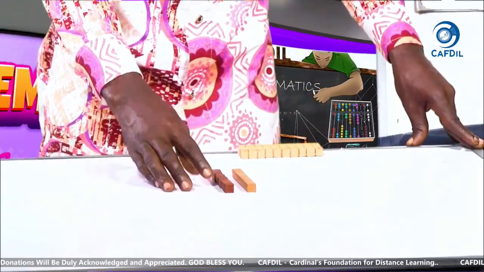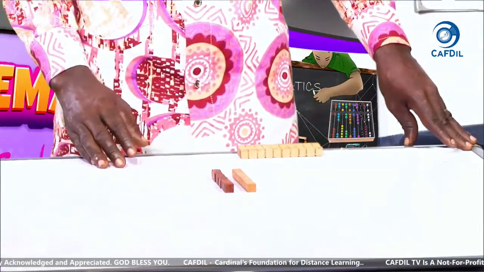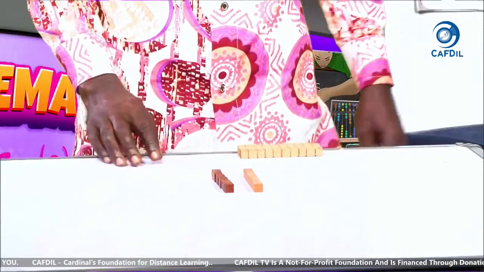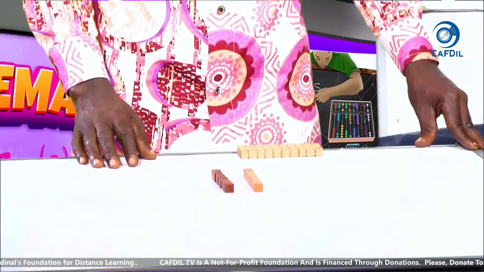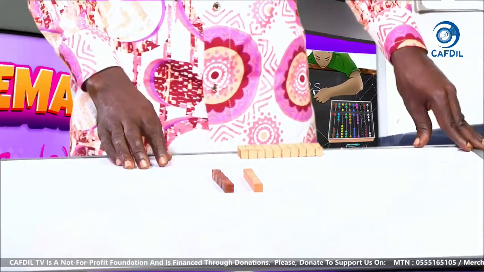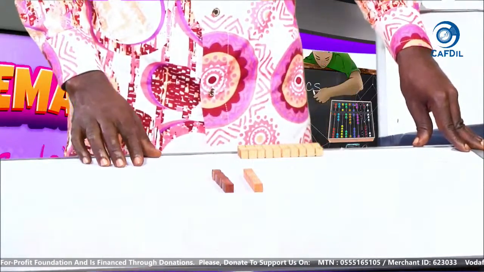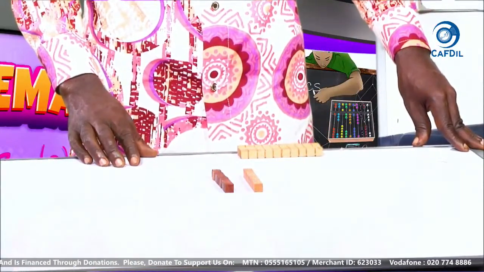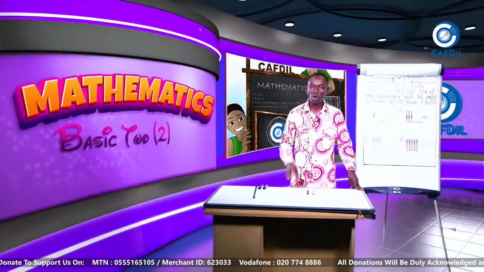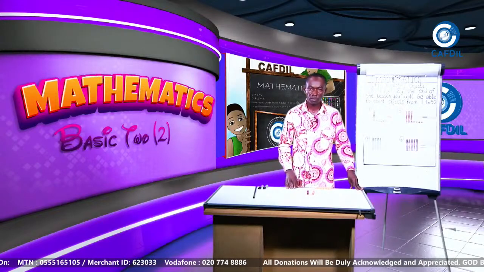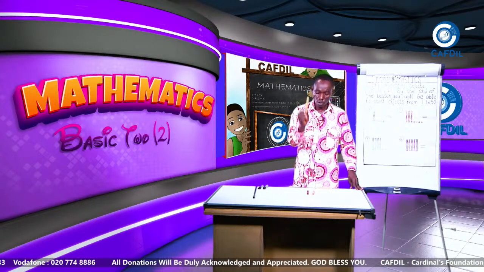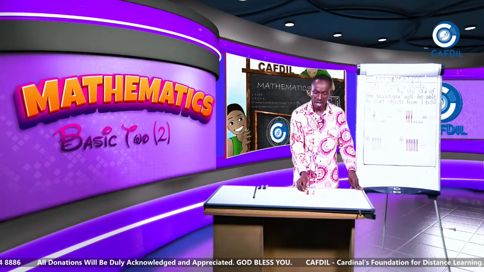So I have 20 in all. That is one long showing 10, and then adding 10 of our cubes, giving us 20. 10 of the cubes is the same as one long. So we can use one long to replace 10 of the cubes.